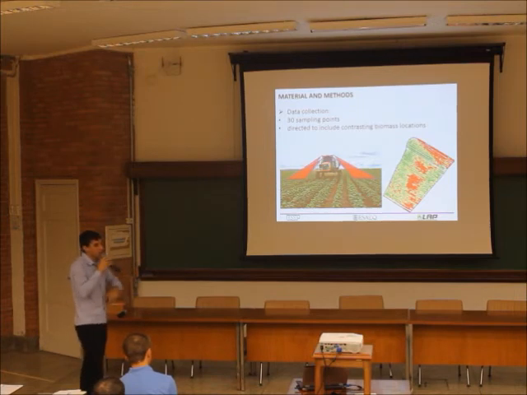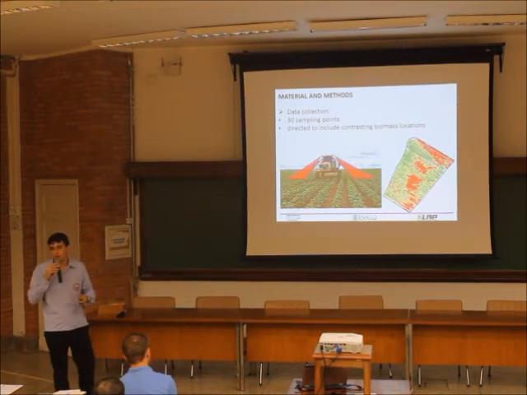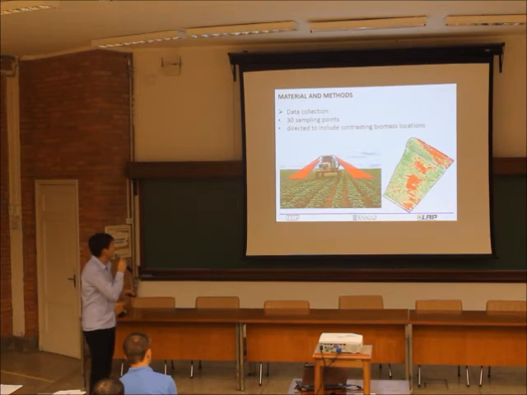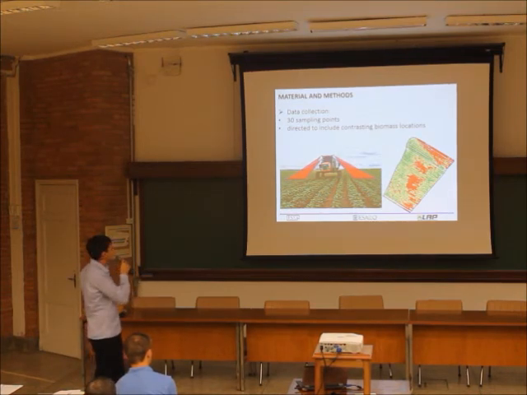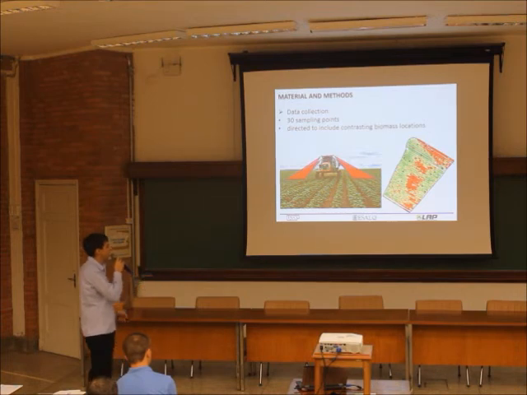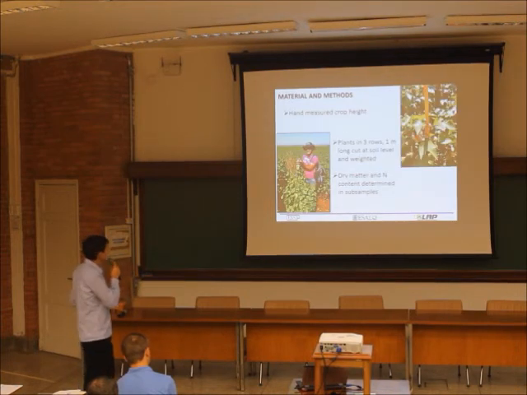After we go with the machine in the fields and get the sensor readings, we use the map to establish some sample points. In this situation we are using 30 sampling points, and we choose places that better represent the variability of the field. So some points where we have low biomass, some where we have higher biomass, intermediate ones, and so on.